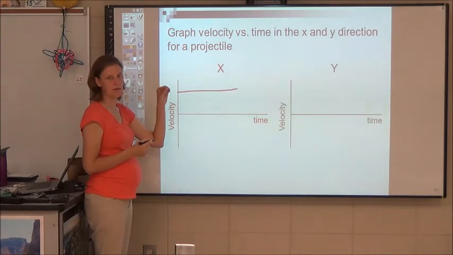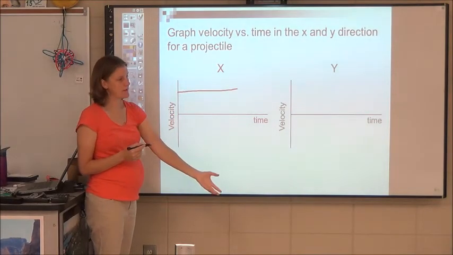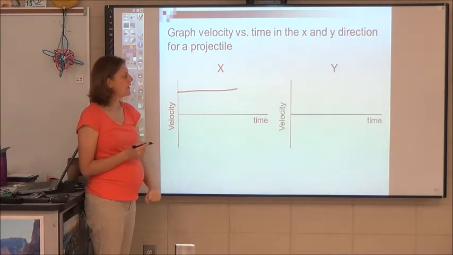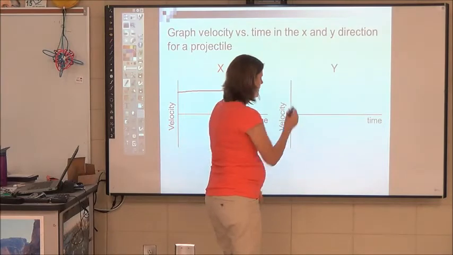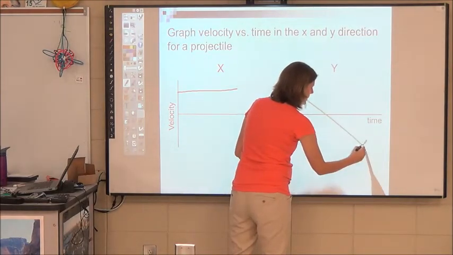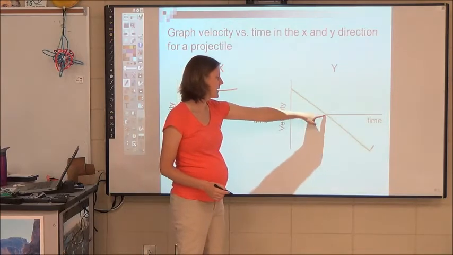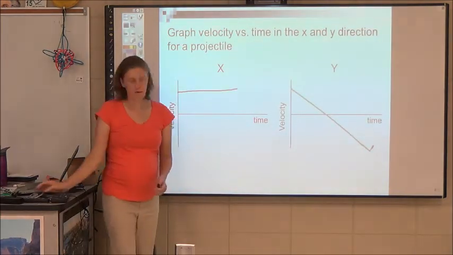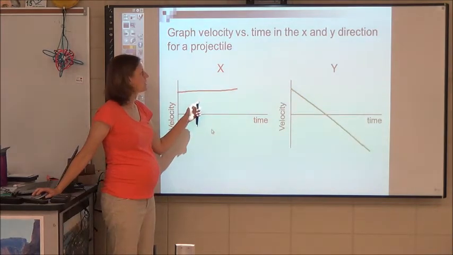Now, the vertical velocity, very different story. Magnitude started out big and up, so positive, but ended up big but negative. And somewhere in between at the peak, it was 0. So our graph should look like that, where this would be the peak time right there. Also, of course, we should know our slopes too.